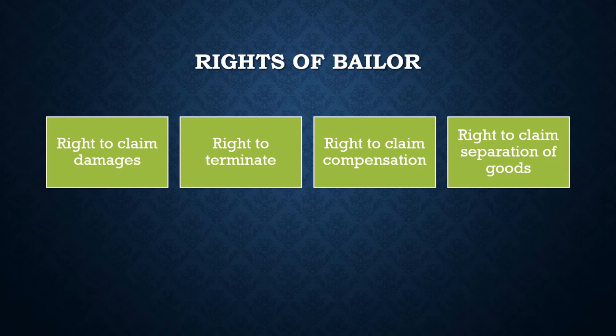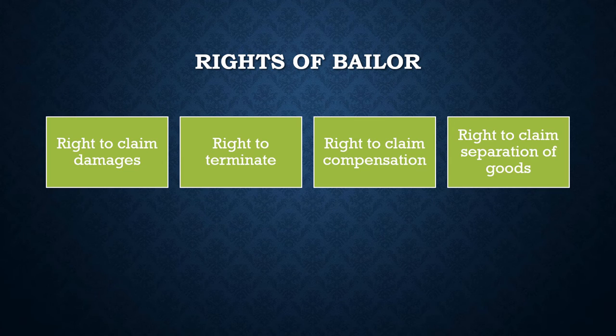So in case the bailor comes to know there is an unauthorized mixture of goods, bailor can claim separation of goods. But there are certain cases where separation is not possible because the goods have become a part of the mixture. Like I told you, a part of the dress is stitched with another dress. Now the separation is not possible, and even if there is a separation, it will be worthless.